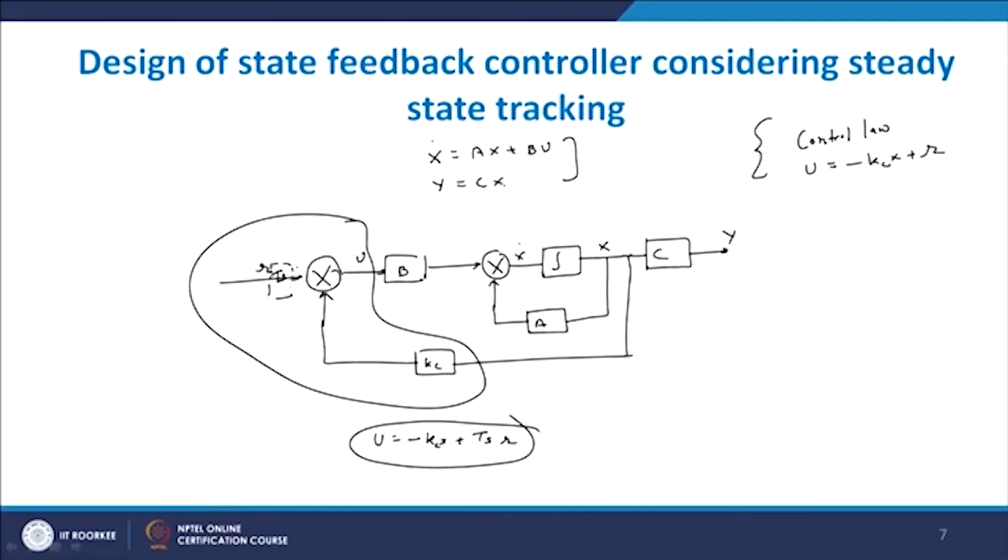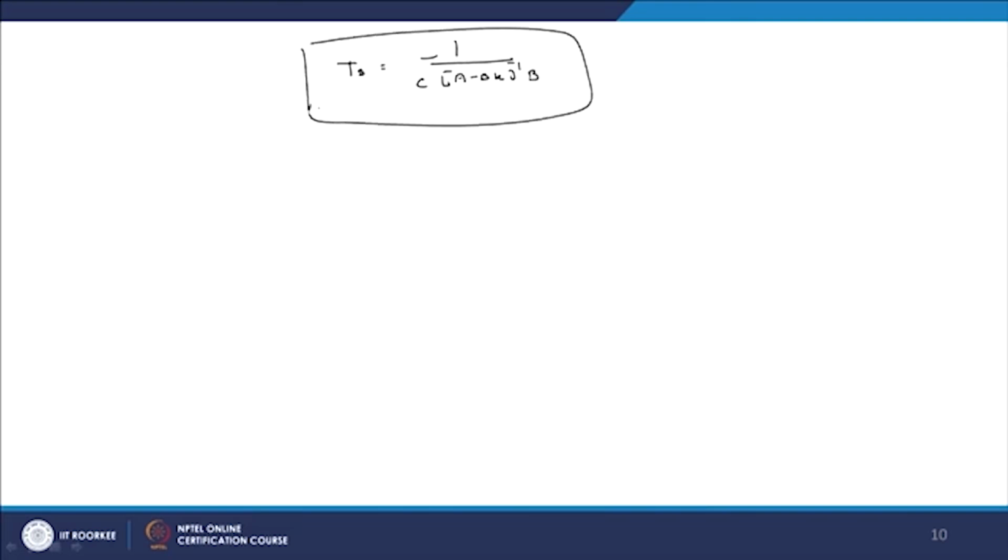Now, to see whether the mathematics we derived matches the desired result, we will take an example which we have taken earlier. So Ts equals minus 1 divided by C (A minus BK) inverse into B. Now we calculate these factors.